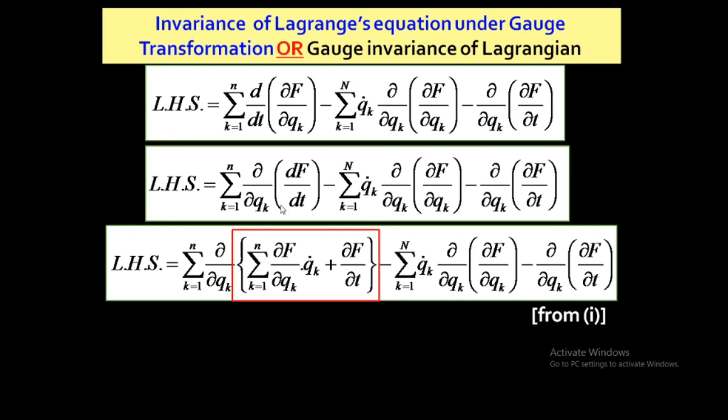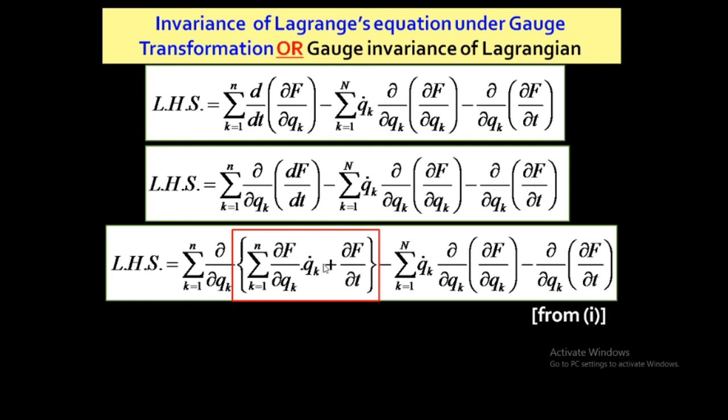The value in the red rectangle came from equation number 1, and it is the value of df by dt. I have just replaced that.